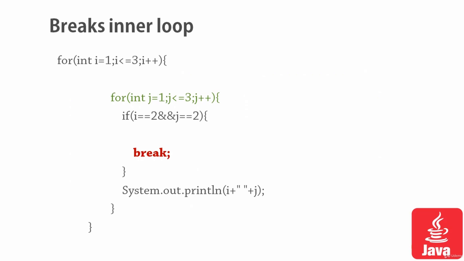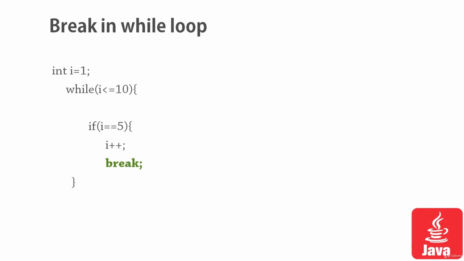If this condition is not met, the System.out.println will display the i and j values on the screen. When you break in a while loop, it will move out of the while loop as well.